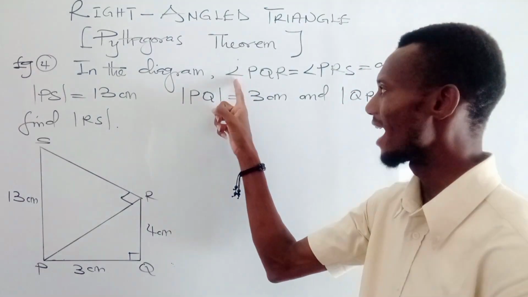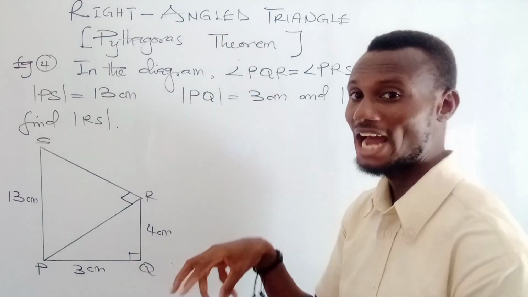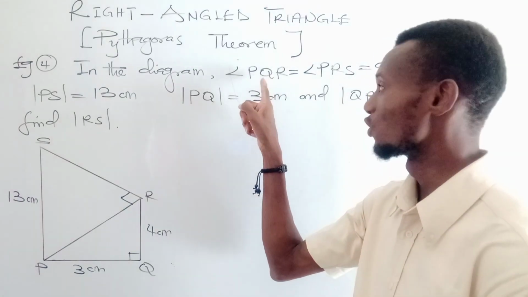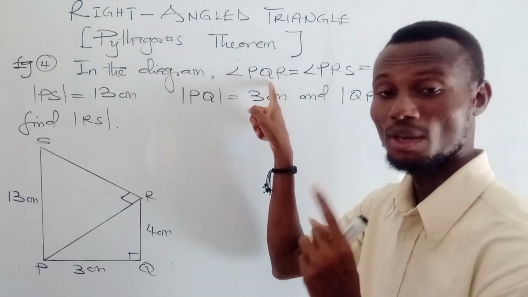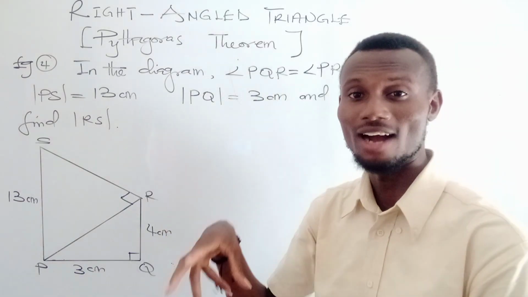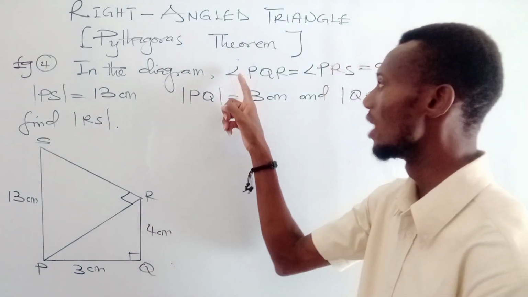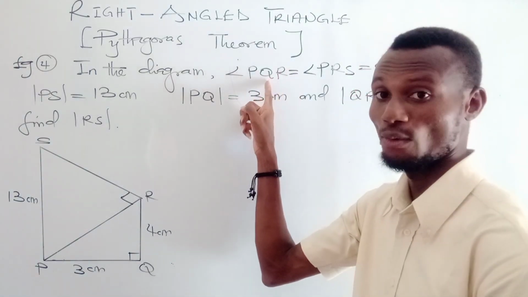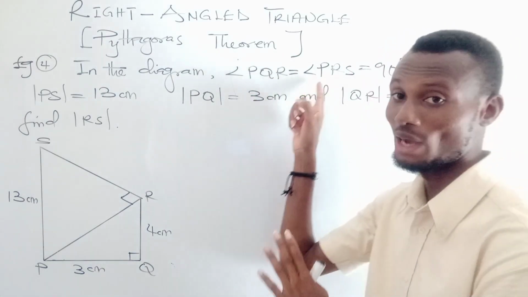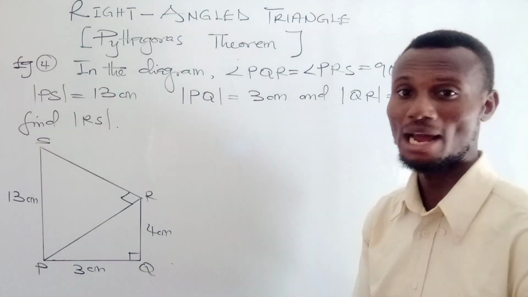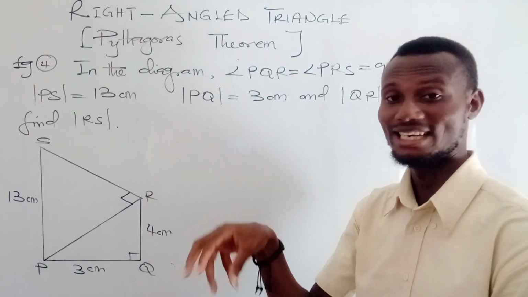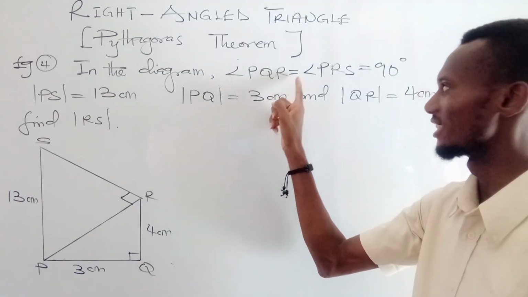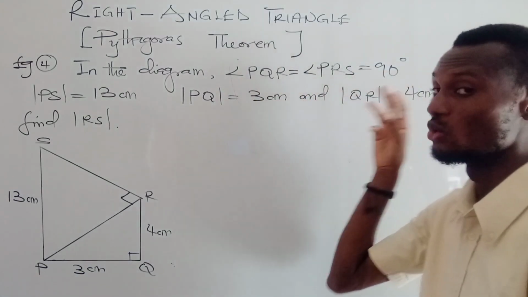Here we have angle PQR, so we are concerned about the angle which is formed on the middle letter, which in this case is Q. So we are talking about the angle which is formed on Q. Same with angle PRS, we are talking about the angle that is formed on the letter R, which is the middle letter. So we have that angle PQR is equal to angle PRS, which is equal to 90 degrees.